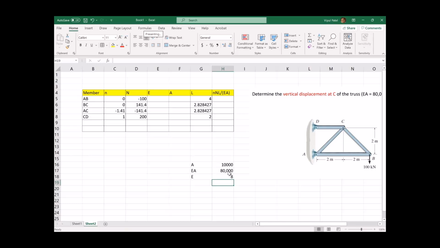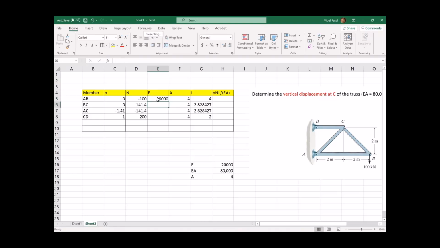Young's modulus, we need to get it 20,000. So let's do it another way. Young's modulus is 20,000. Then area would be 4. Yeah, that's okay. So now this is dummy, by the way. So let's put 4 and Young's modulus 20,000. So that will make it 80,000 EA, right?